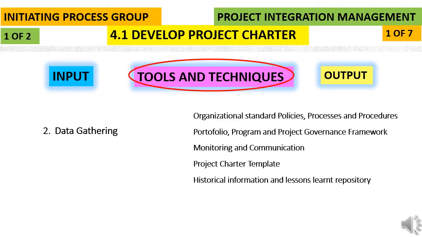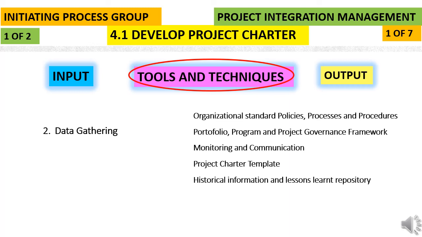The second tool and technique is data gathering. The data gathering can be done in multiple ways. There are different techniques available for gathering the data. Those techniques typically employed in the process of developing a project charter are brainstorming, focus groups, and interviews.